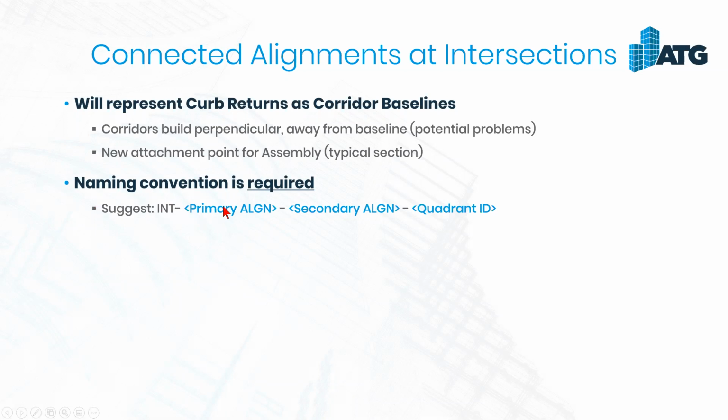We're going to call out what alignment is our primary, what alignment is our secondary, and then we're also going to identify the corner or the quadrant of that alignment. So for example, today, we'll have 4 different connected alignments, all with Primero Pass and Segundo Street, and then northwest, northeast, so on and so forth for those quadrants. This is going to make it so that I don't have to escape out of a 5 deep dialog box train in order to go back and reference my prospector tab, in order to go back and see something in my properties palette. Because I named it right, I can very easily identify it in a list of its peers.